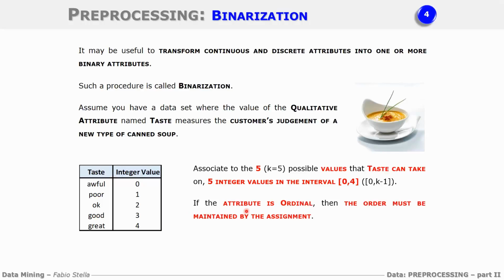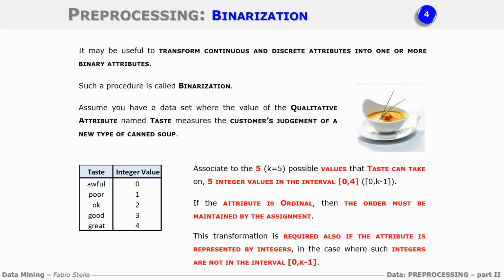If the attribute is ordinal, then the order must be maintained by the assignment we use. And finally, this transformation is required also if the attribute is represented by integers, in the case where such integers are not in the interval from 0 to k minus 1.